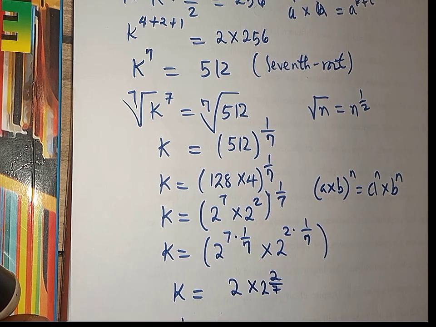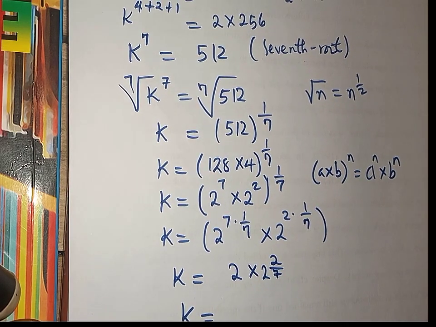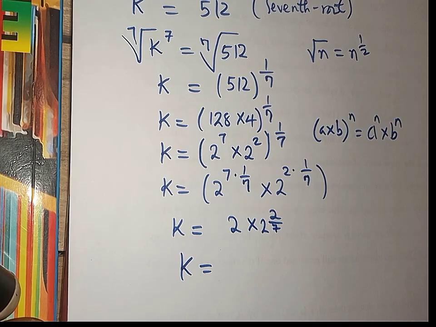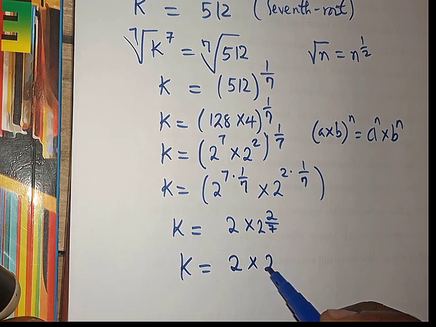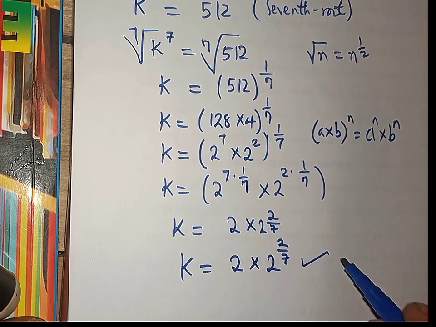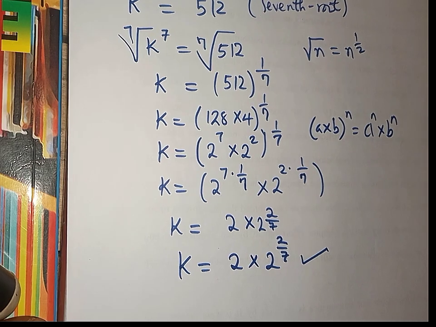So k equals 2 times 2 raised to the power 2 over 7, and that is the solution to the problem. Therefore we have the value of k to be this.